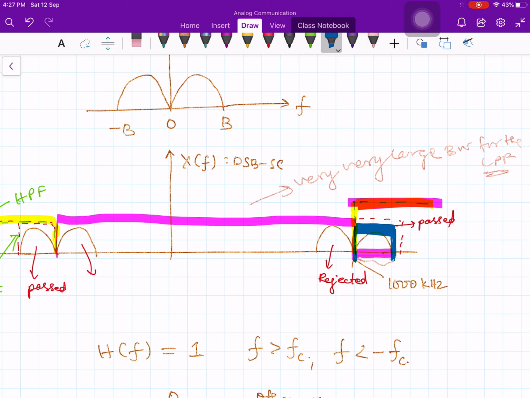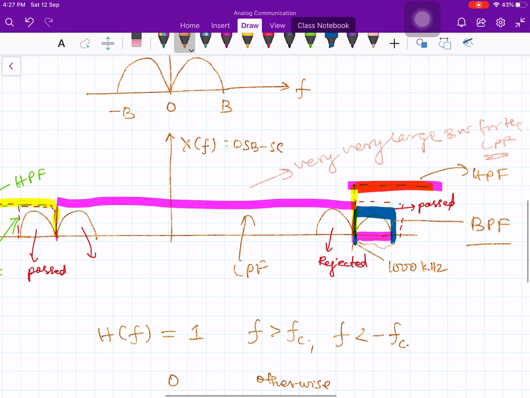So I have 3 filters. Either you can use a low pass filter, or this one is a high pass filter, and this one is a band pass filter. But for a theoretical discussion here, it is preferable to think in terms of high pass filter and low pass filter, not in terms of band pass filter. But in practice, you can choose any one.